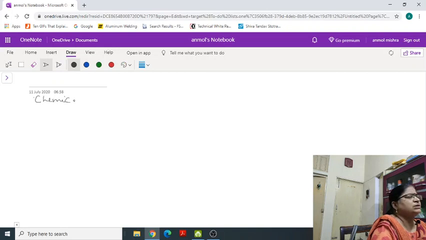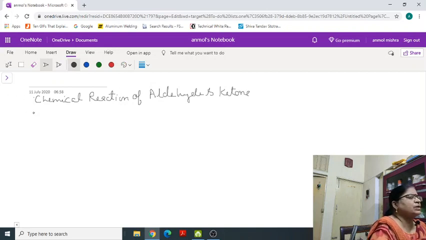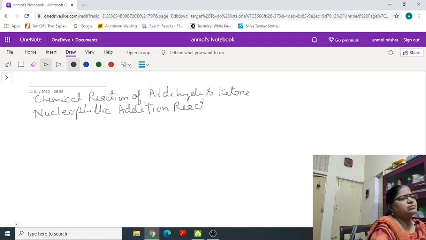Chemical reaction of aldehyde and ketone: nucleophilic addition reaction.